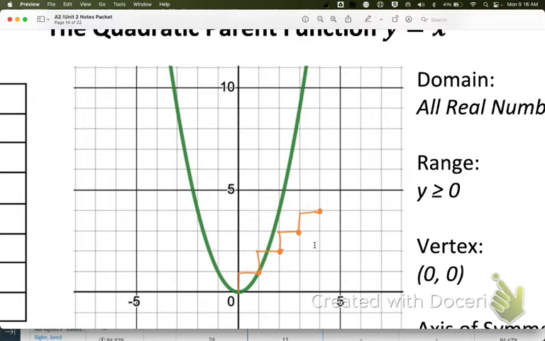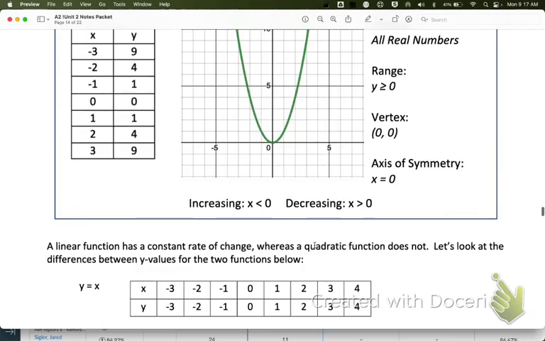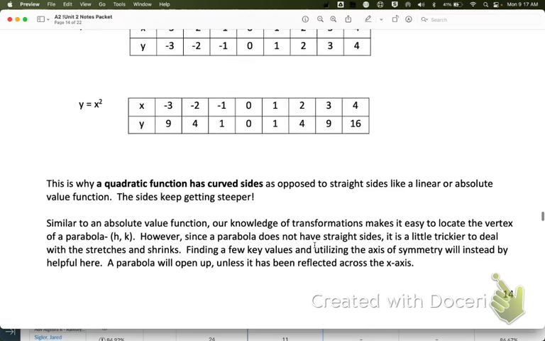But our graph is up 1 over 1, up 3 over 1, up 5 over 1. That rate of change is changing, and so that's why we get this curved shape here, because it's getting a little bit steeper and a little bit steeper every single time. So that's why a parabola is always going to have curved sides, okay?